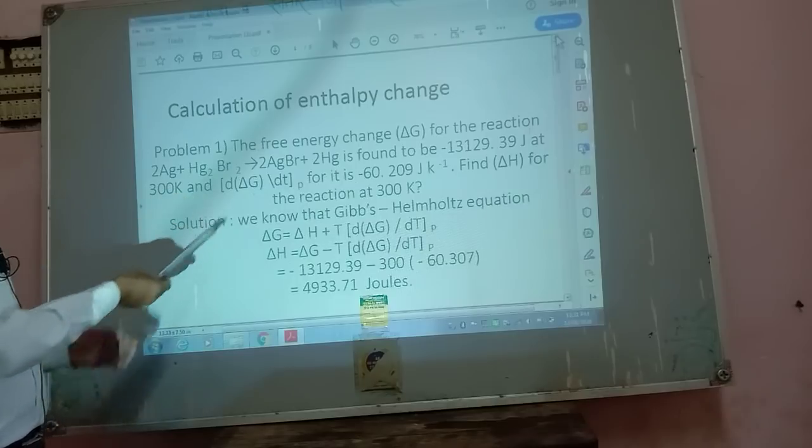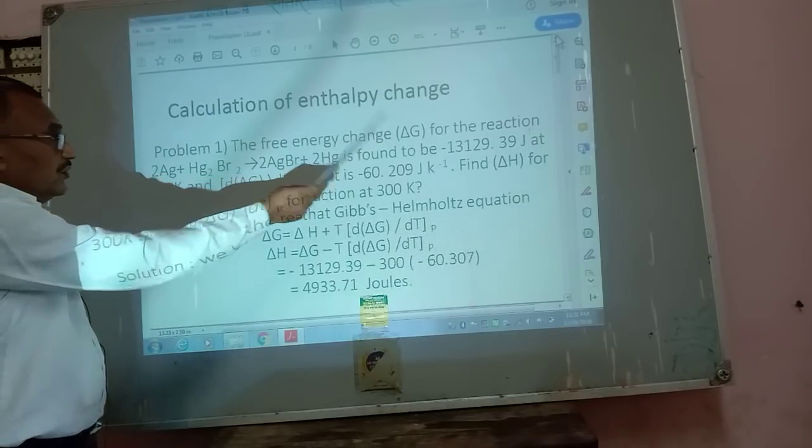The example is the free energy change delta G for the reaction.